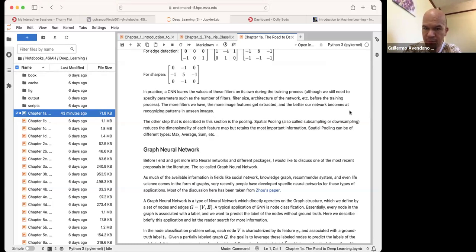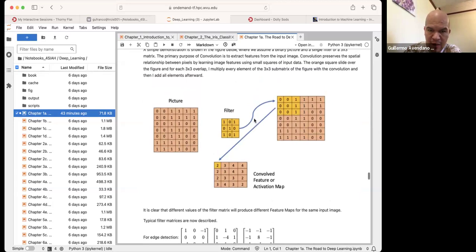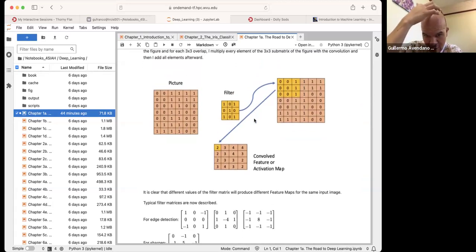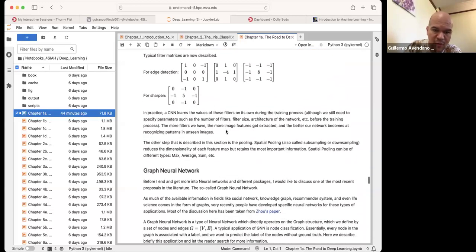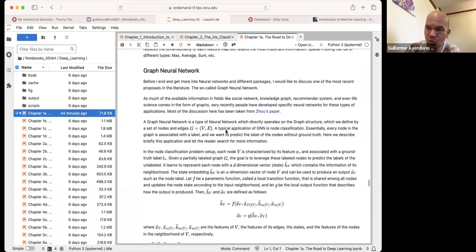Okay. So what I was describing was the idea of convolutions, which are widely used for images. That is not the only kind of neural networks that we use.